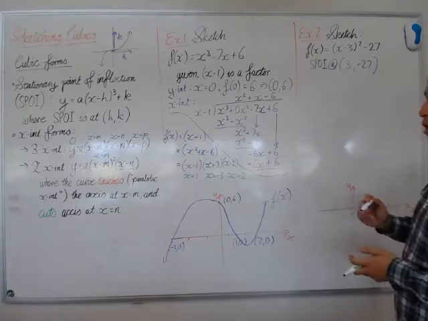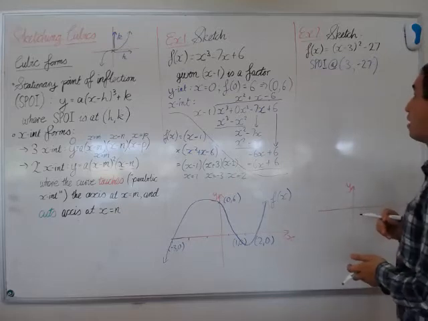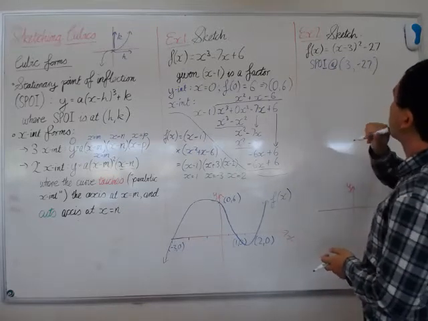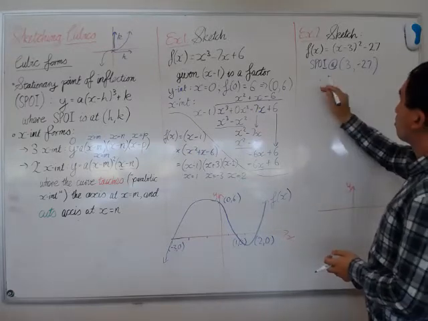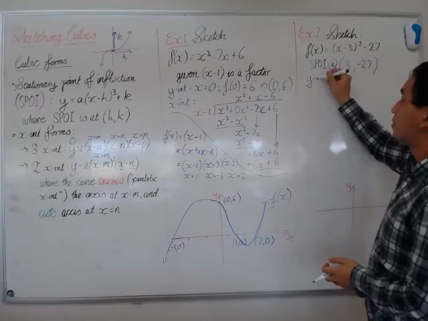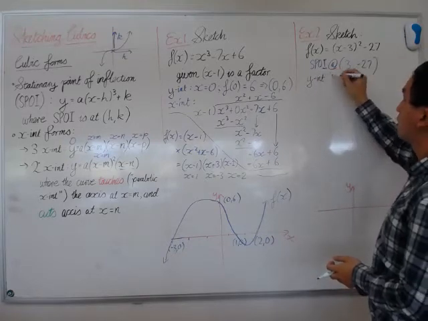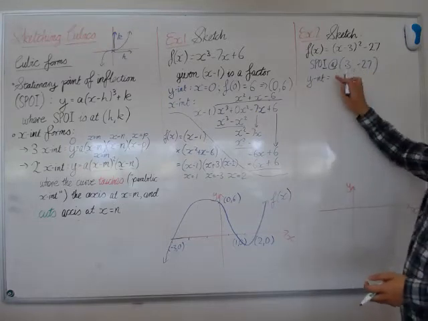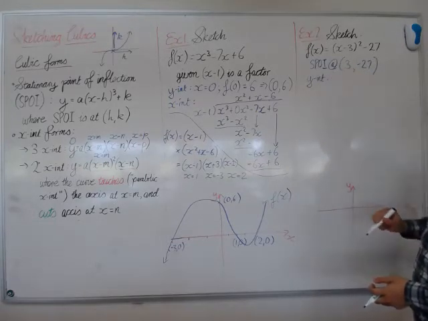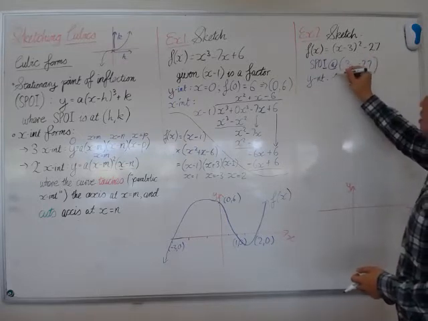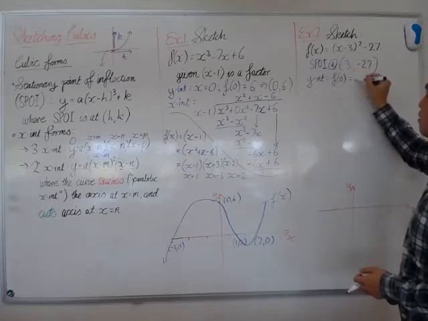Okay, so from here, let's have a look at intercepts. Actually, not x-intercepts, y-intercept first, that's a bit easier. This one may be a bit tricky. Okay, so for your y-intercept, we need x equal to 0.